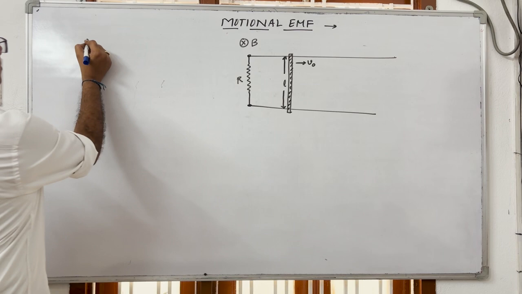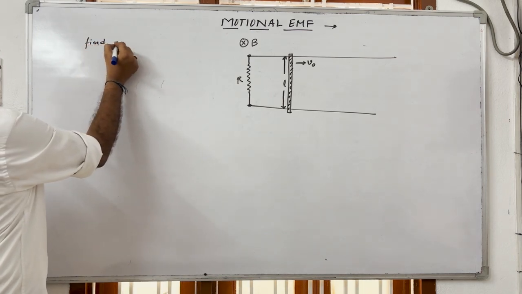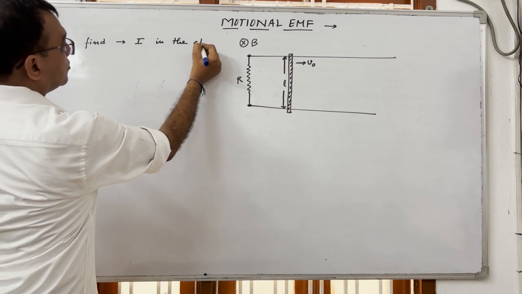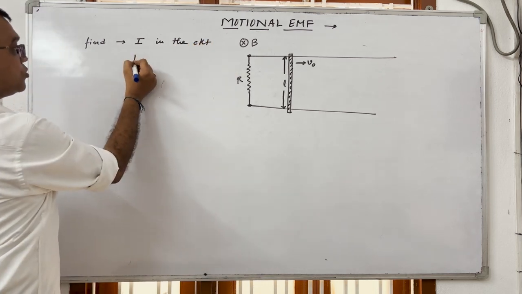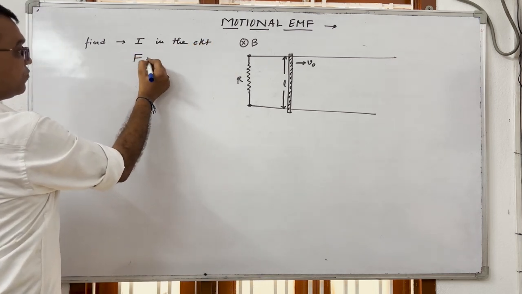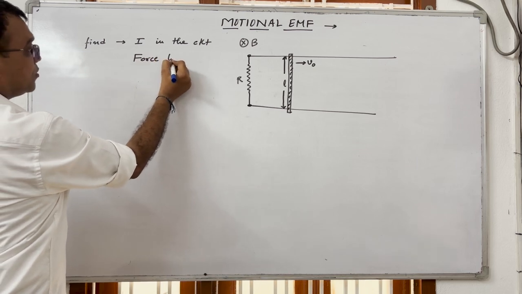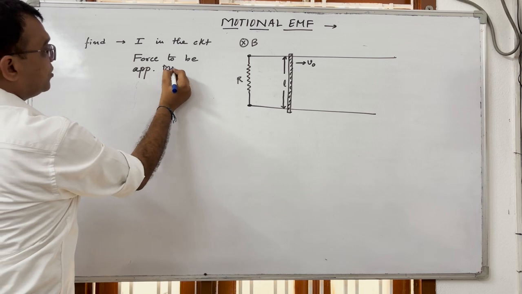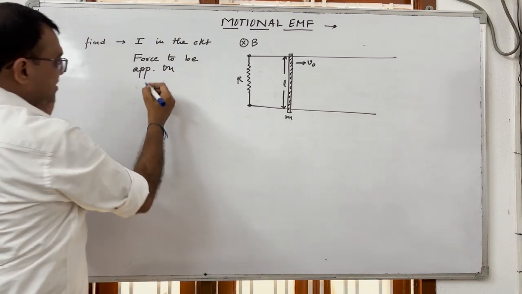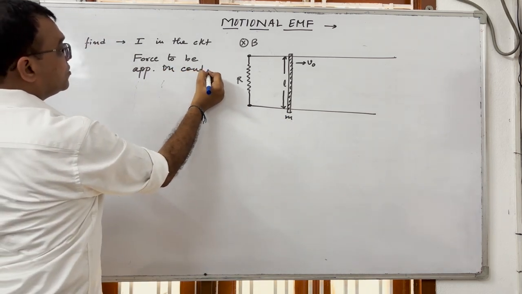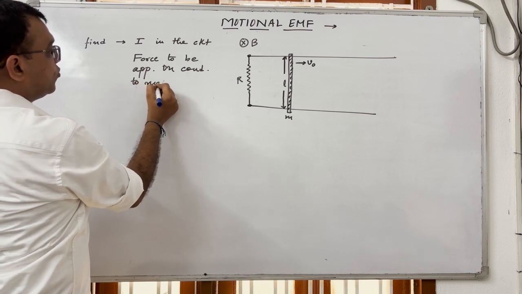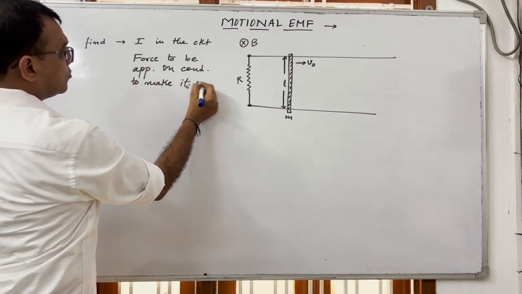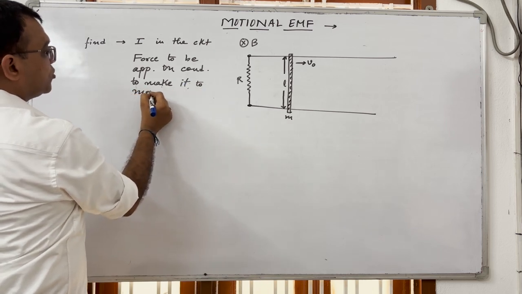We have to find the current in the circuit, and we also have to find the force to be applied on the conductor, which has mass M, to make it move with constant velocity.